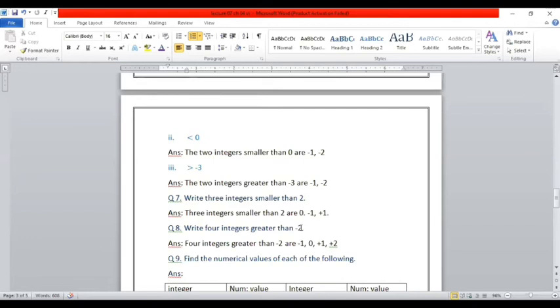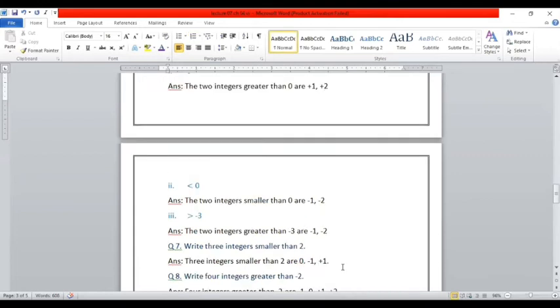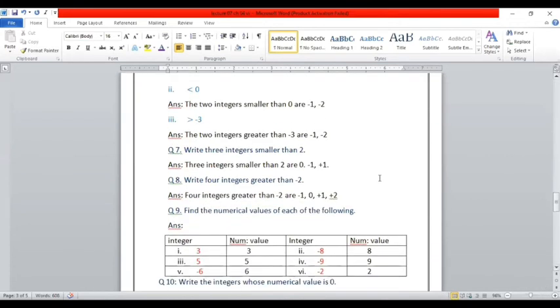Four integers greater than minus 2 start from minus 1, comma, 0, comma, plus 1, comma, plus 2. Other values are also possible, but it depends upon the condition that we are asked for only these values.